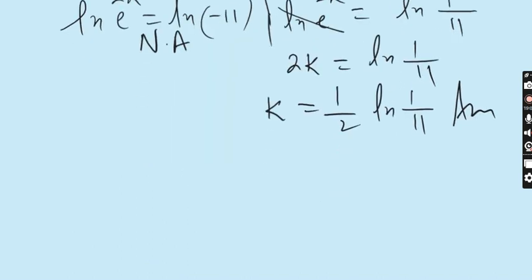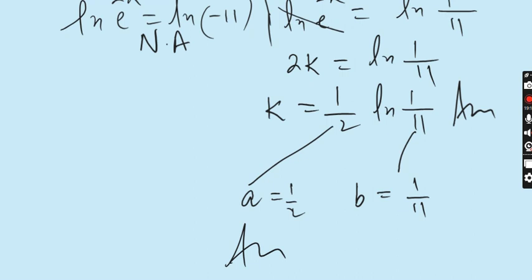You can see this is a, which is 1 upon 2, and this is b, which is 1 upon 11. I am just showing a and b. The values of a and b are not necessary to mention, but we have to give it in the form a ln b, meaning constant, then write ln, then constant.